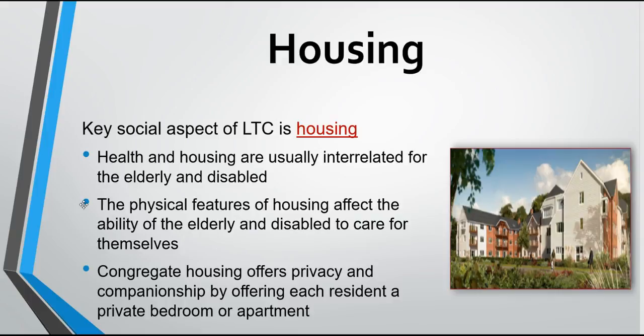So it needs to be a place where the actual structure of the housing facility has in mind whatever disabilities the long-term care patients may have, and that needs to be put into consideration. Congregate housing offers privacy and companionship by offering each resident a private bedroom or an apartment, so they feel like it's their own.